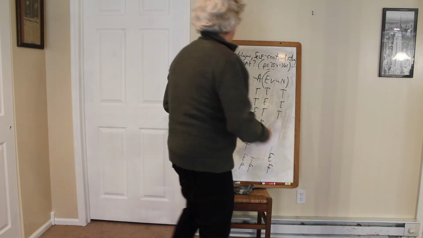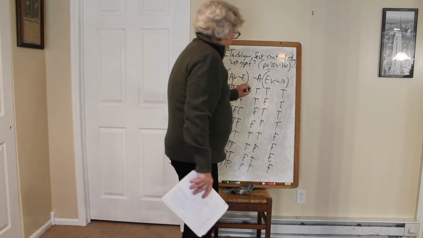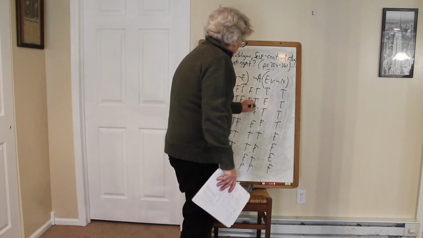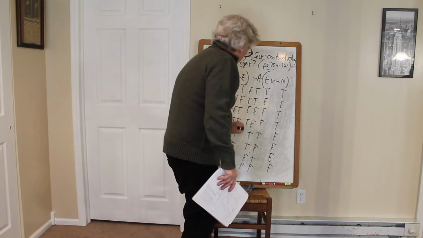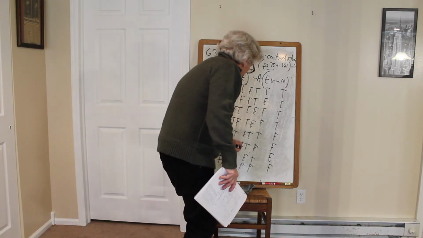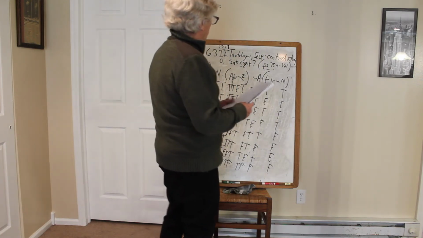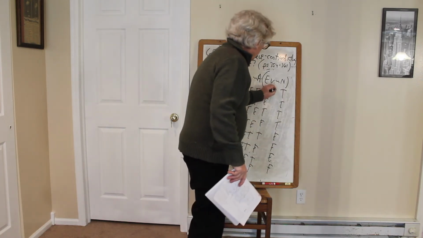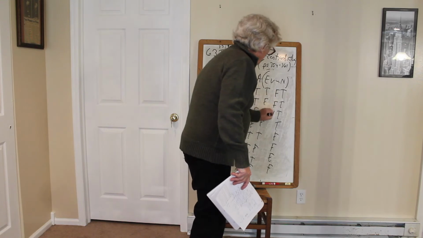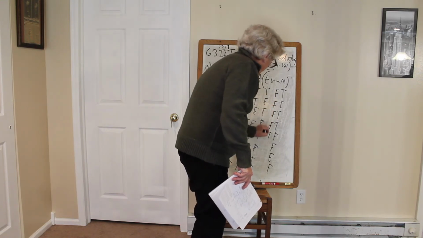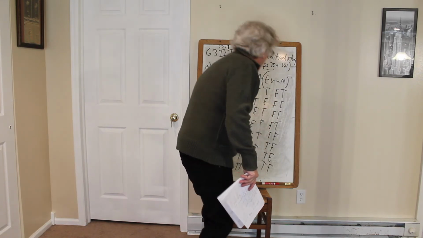Okay, so I can do the not A. Not T is F, not F is T, not F is T, not T is F, not T is F, not F is T, not F is T, not T is F. Okay, there we go. Not N, not T is F, F, F, T, T, T, and T.